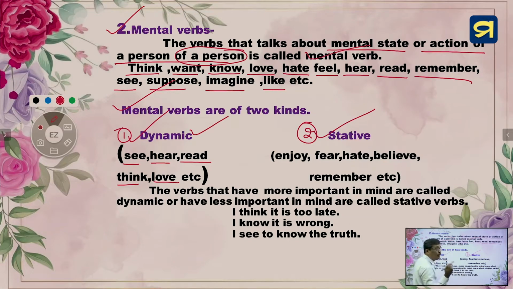And what are examples of static verbs? Enjoy, fear, hate, believe, remember, these are examples of static verbs. That means the verbs that have more importance in mind are called dynamic, and the verbs with less importance in mind are called static verbs.